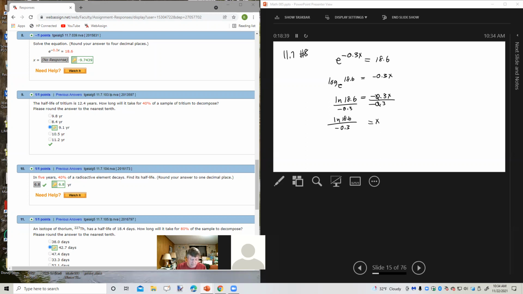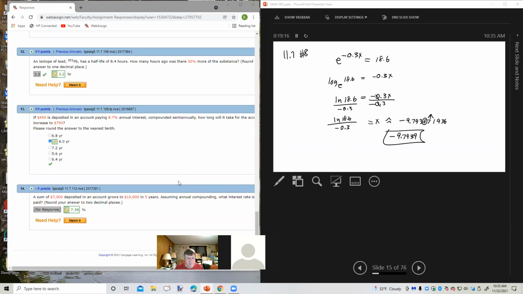So calculator time, the natural log of 18.6, close it up, divided by negative 0.3, and we get, let's see here, negative 9.7438711936, rounding to 4 decimal places. The 8, the next decimal place, the 7 would round up. So negative 9.7439 is the final answer. Any questions on that before we go on?